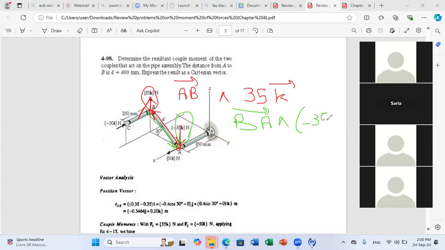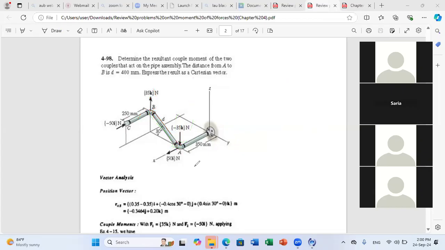I understood this one, but I got lost on the second. For the other couple, you have two forces. Please keep in mind, you can take any point of the first force and go to any point on the line of the other force.